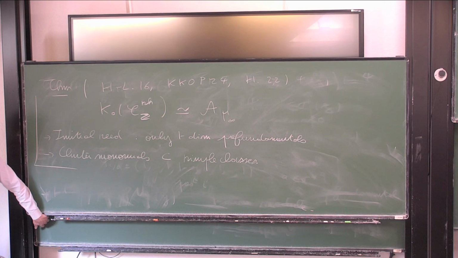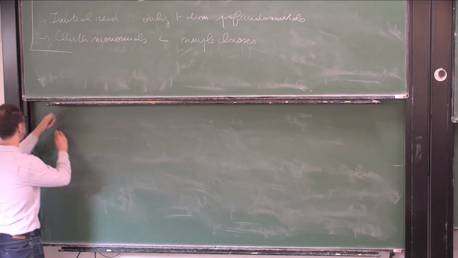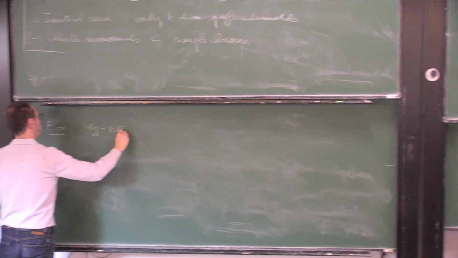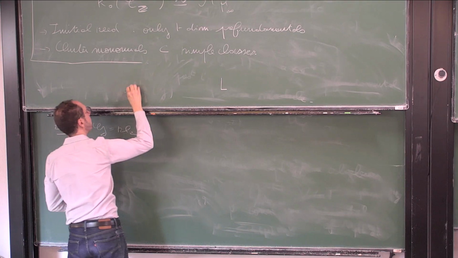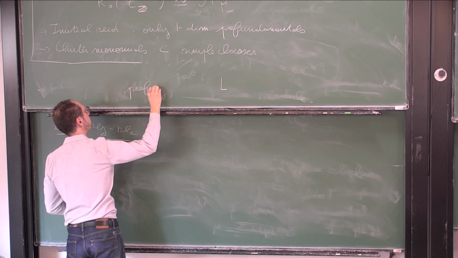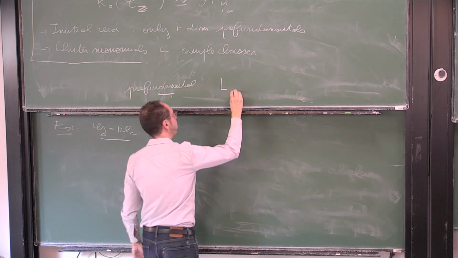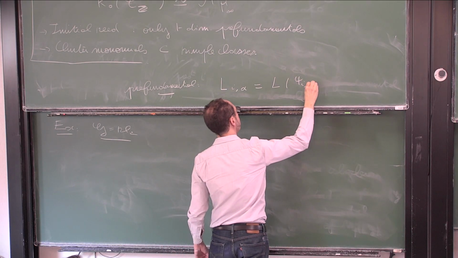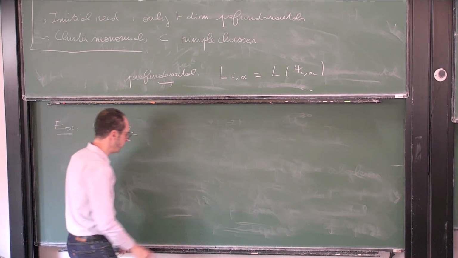Maybe I can give the example for SL2. Recall that you had this positive fundamental, let's denote it by L. The initial seed for SL2 is very simple, it's an infinite linear quiver.